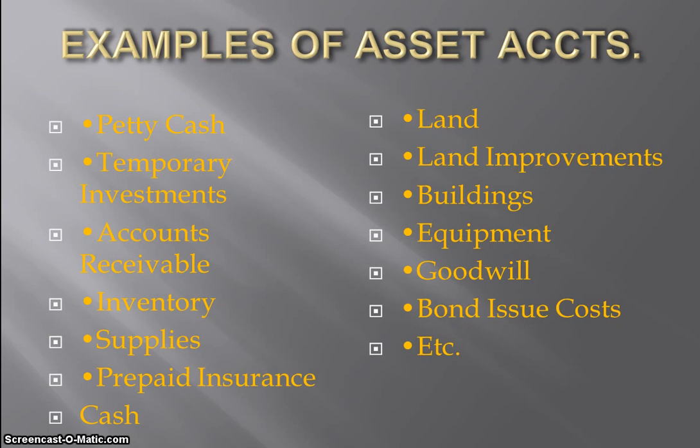Land improvements is a long-term asset that indicates the cost of construction improvements, such as making driveways, enhancing the land by putting in walkways, lighting, and also parking lots. Then you have your buildings and your bond issue costs. Buildings are a non-current or long-term asset account that shows the cost of a building, excluding the cost of the land.